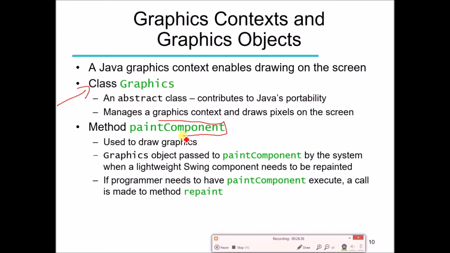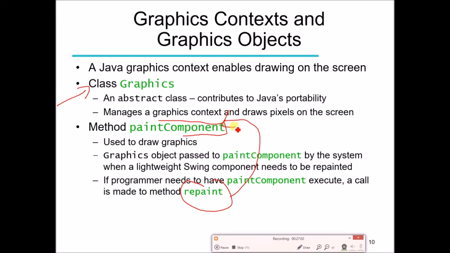But sometimes you might need to call this method, because maybe you are updating some objects, or changing the values of some parameter. For example, for the rectangle, you want to draw it with a different width than the original rectangle. In that situation, you are not going to call this method directly. You are going to call the method repaint, and the repaint method is going to call the paintComponent method.